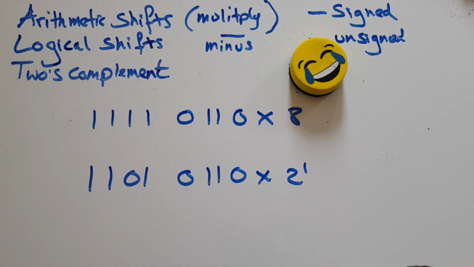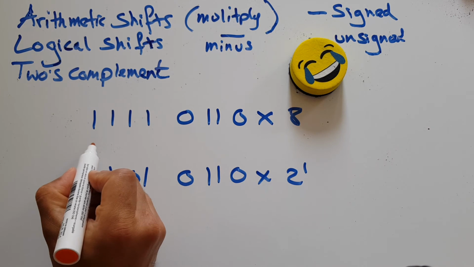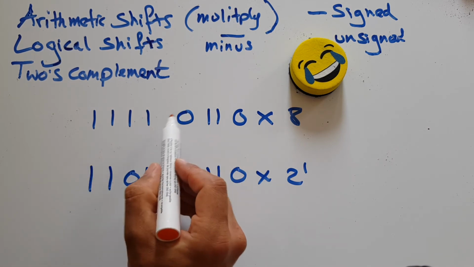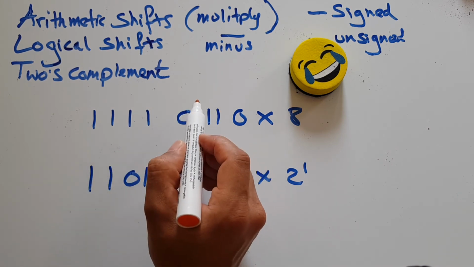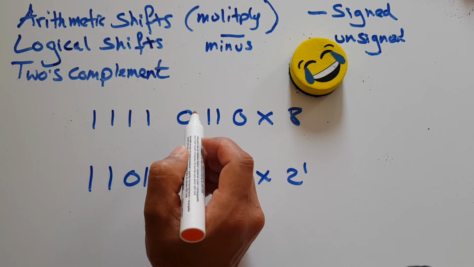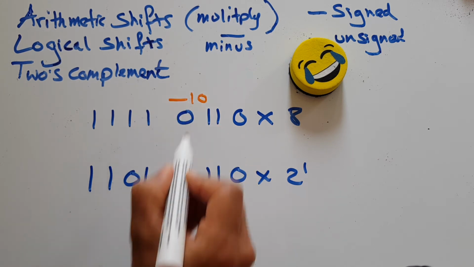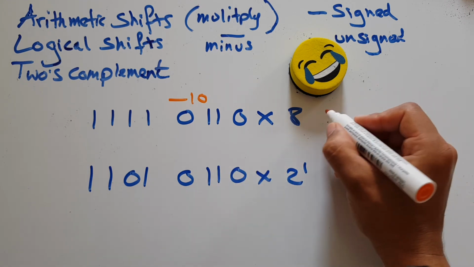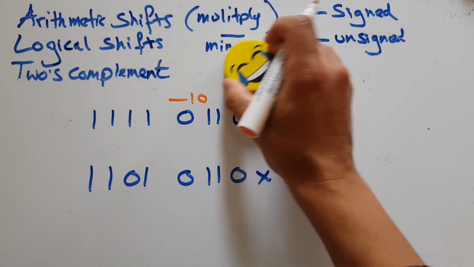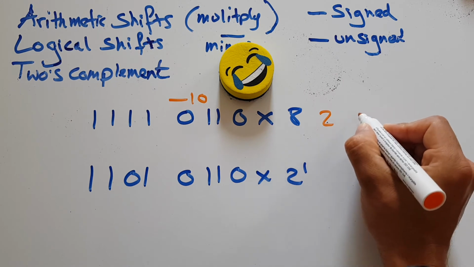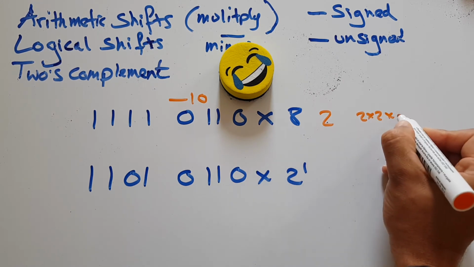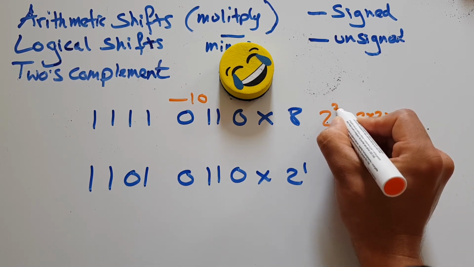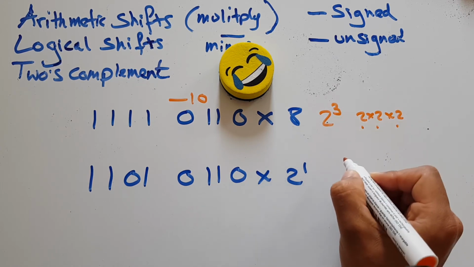Okay, well here comes the answers. Well, I know that actually this binary up here is minus 10. And I multiply it by 8, but I need to express that as a power, which is 2 times 2 is 4, 2 times 4 is 8, so 2 to the 3, yep, 2 to the 3.